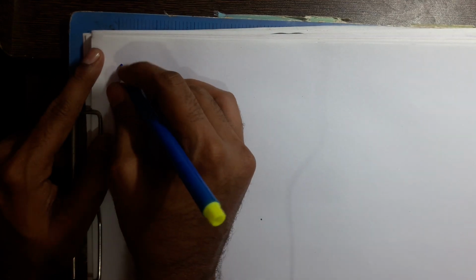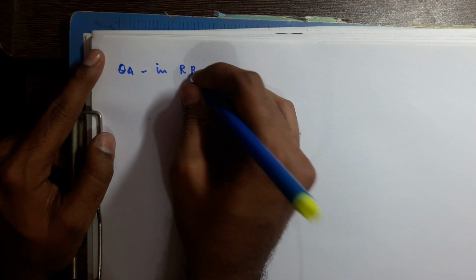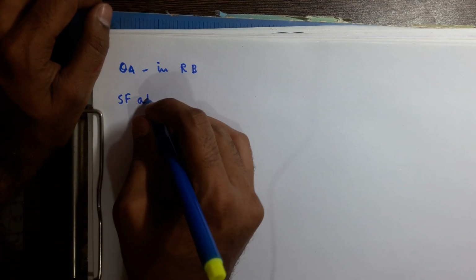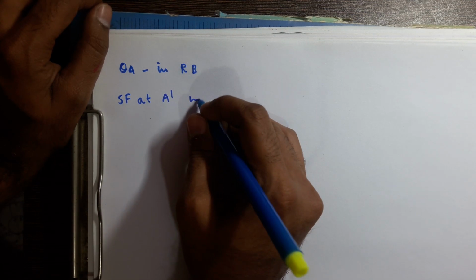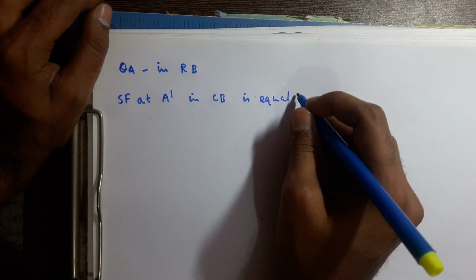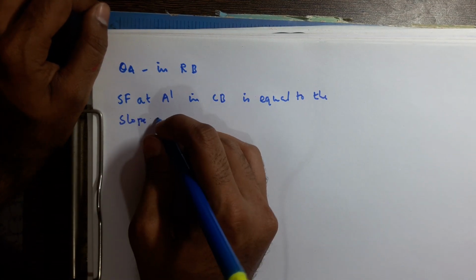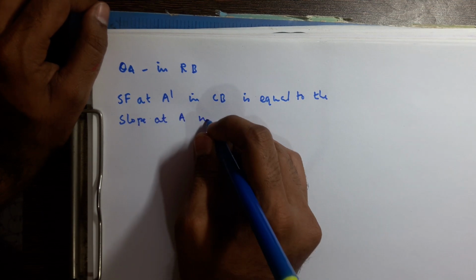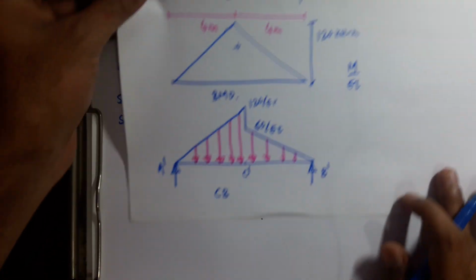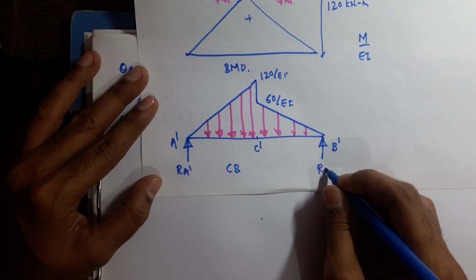Now we have to find theta A in the real beam. We know the shear force at A dash in the conjugate beam is equal to the slope at A in the real beam. So we have to find here RA dash and here RB dash.